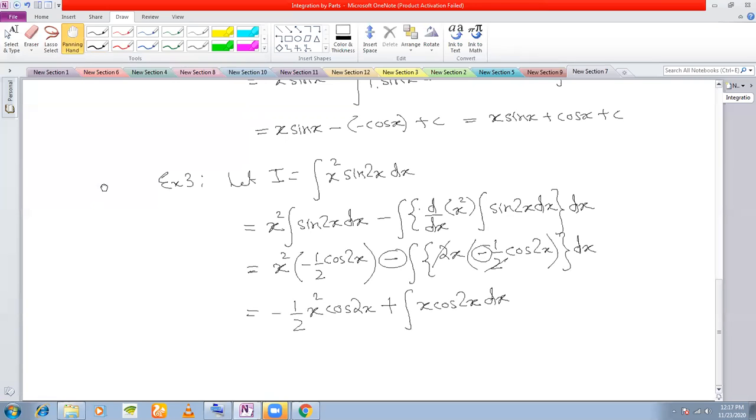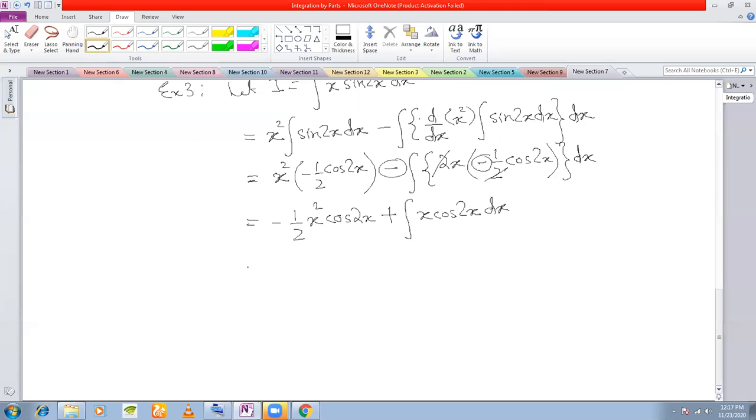Now since you're getting x cos 2x dx, again you have to apply by parts. So minus half x square cos 2x, and this again you apply by parts. What is the formula again? Again, this is a product of algebraic function and a trigonometric function.